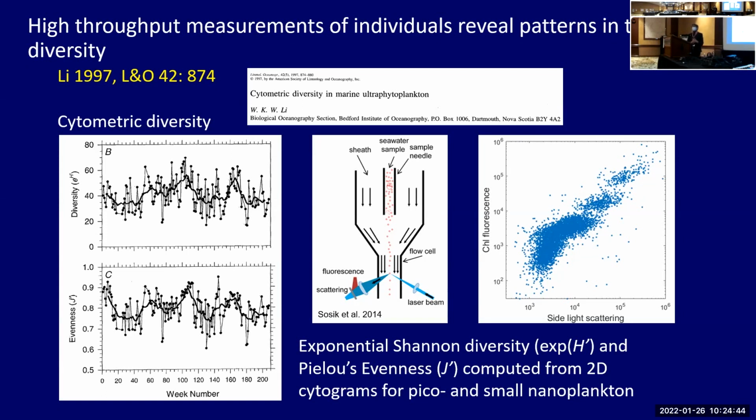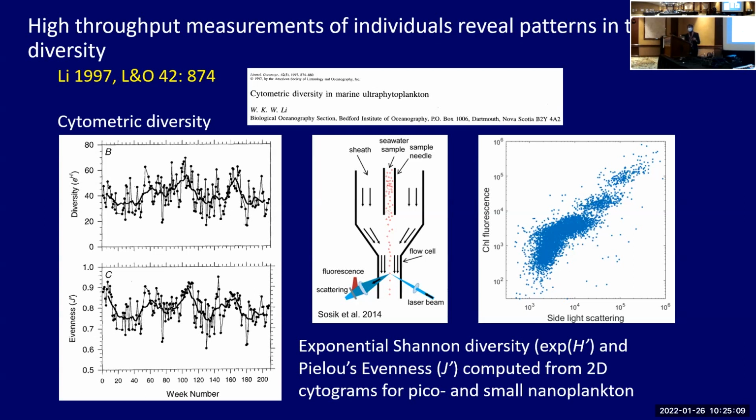In this really lovely example, he showed 4 years of weekly flow cytometry sampling in Bedford Basin. And he was able to show that the cytometric diversity shows distinctive seasonal patterns, and also that the overall diversity was strongly driven by changes in evenness within this framework.